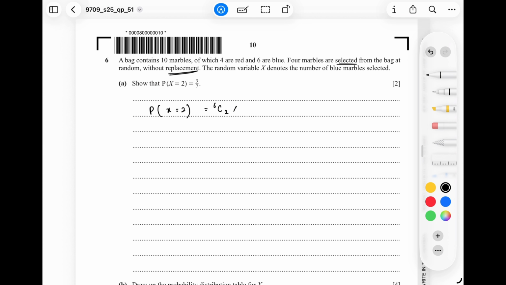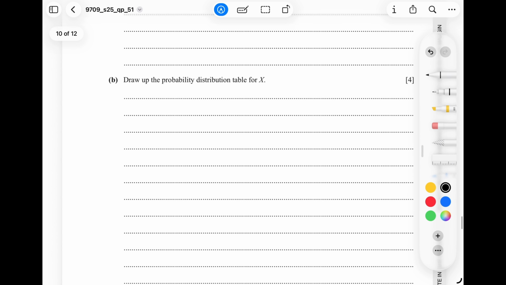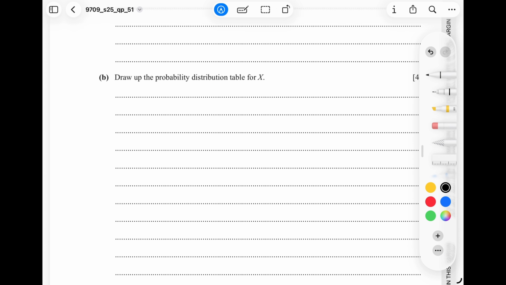And we're choosing 4 marbles in total, so out of the red we're also going to have 2, because if we have 2 blue, we have to have 2 red. And since it's a probability, we need a denominator of the total: out of the 10 marbles, we're choosing 4. You just enter it into the calculator. It's a show-that question, so you know that if you're wrong, you're wrong. And you get 3/7.